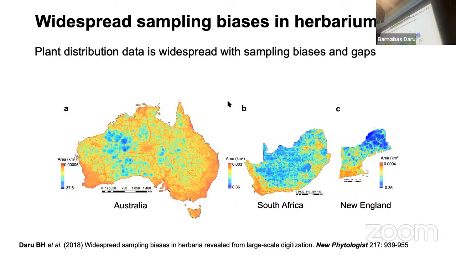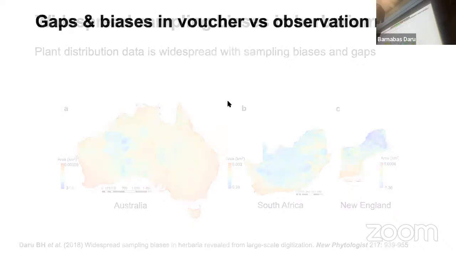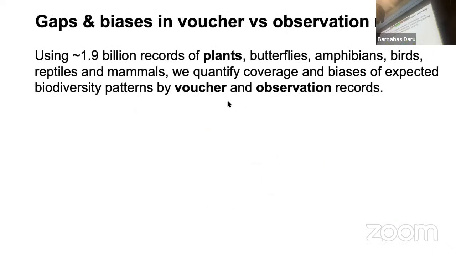But then we wanted to know how different these coverage gaps and biases are between vouchers and observation records. To do that, we used a database of about 1.9 billion records of plants, butterflies, birds, reptiles, and mammals, and we quantified coverage and biases of expected biodiversity patterns by voucher and observation records.